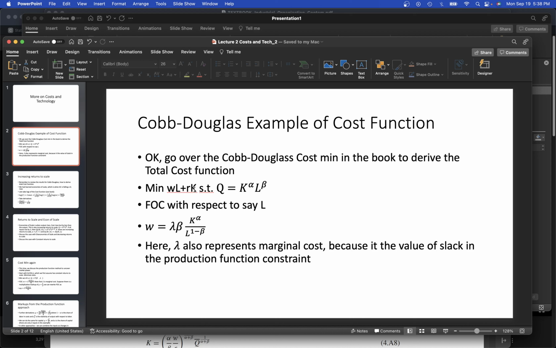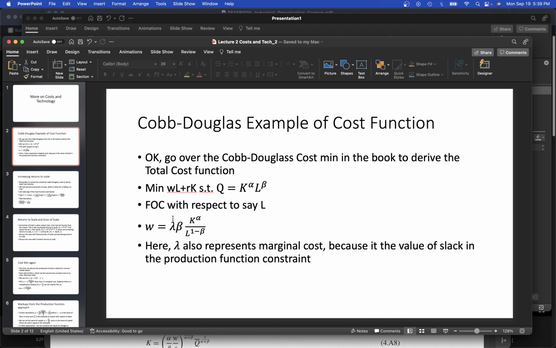Now, take the FOC, first order condition, with respect to one of the inputs, say L, and it's this. So the left hand side is: if you increase L, then you increase your total cost by the wage, and it's equal to lambda.